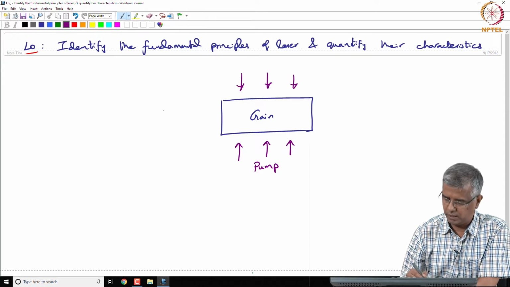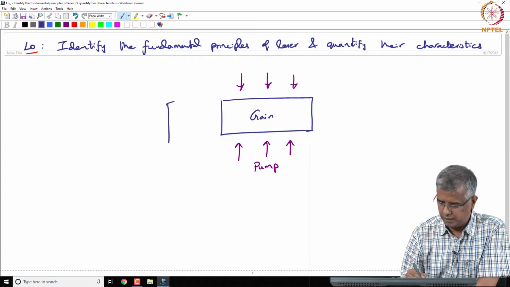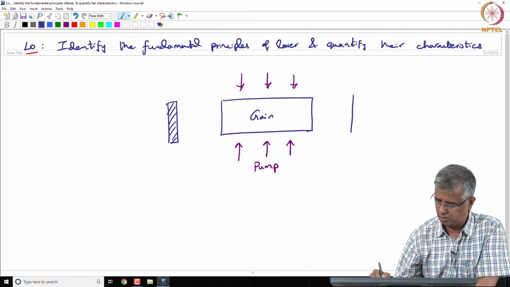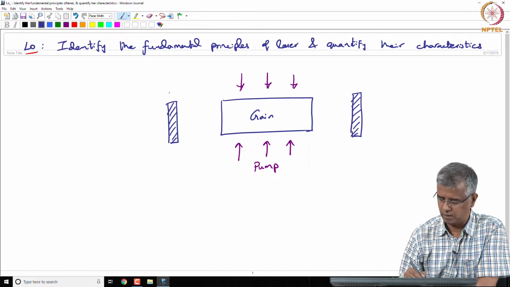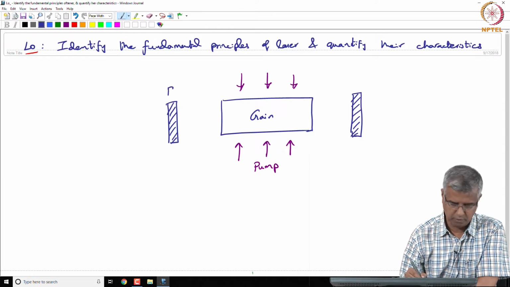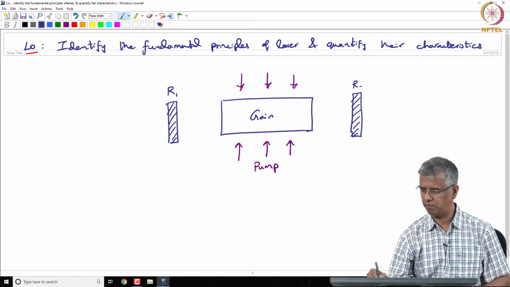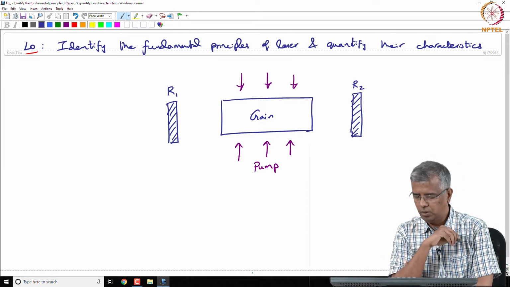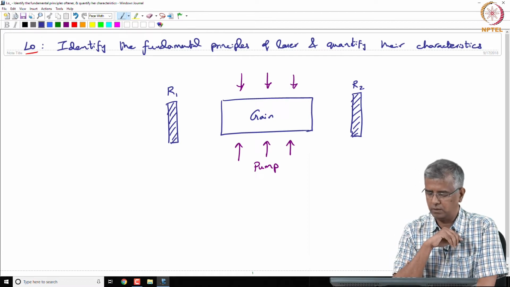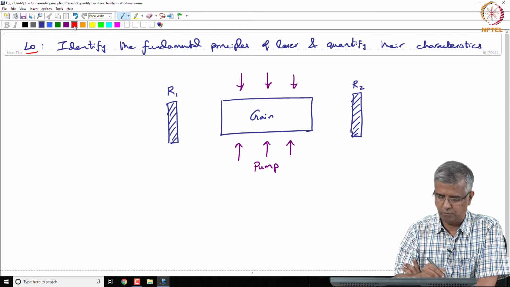And we said we will make a laser by providing feedback. So, we will put a mirror here and another mirror here, right. Let us call this mirror with reflectivity R1, let us call this mirror with reflectivity R2. So, that those provide the feedback.